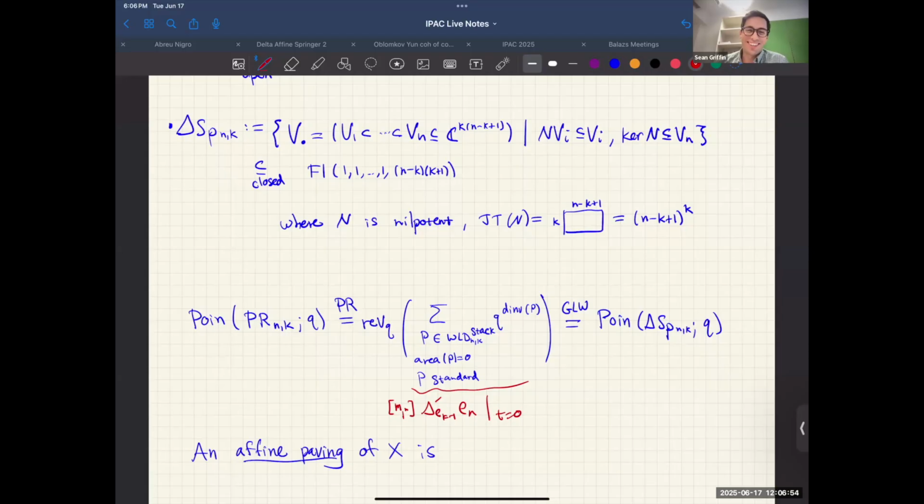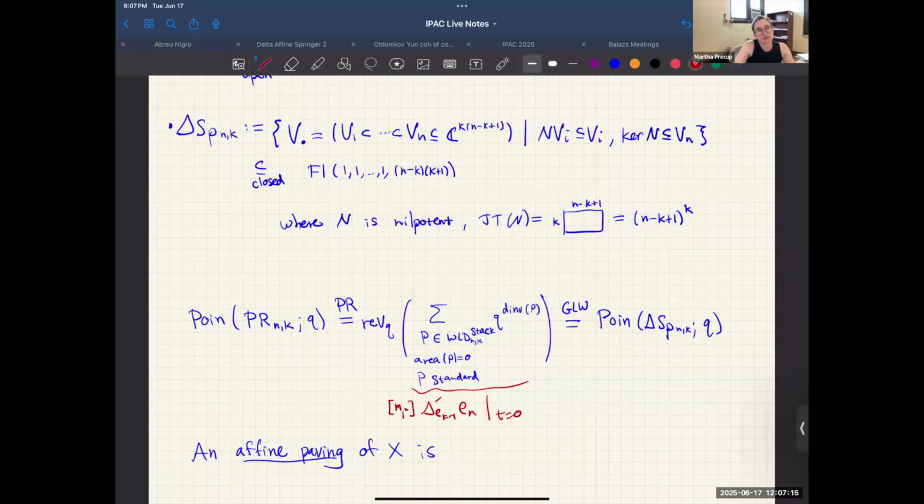For me, dinv is like computing cell dimensions, and then area is something completely different geometrically. So I don't know what dinv equals 0 could mean in terms of cell dimensions.